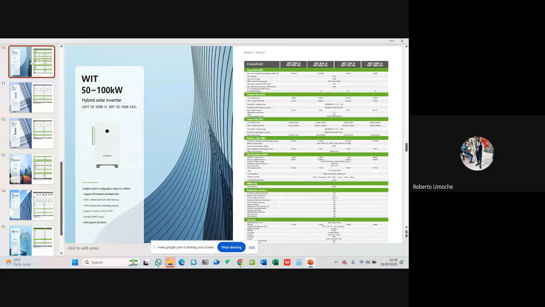So let's quickly take a look at this, then I round up. This is our commercial system. It's available in the higher capacity from 50 kilowatt to 100 kilowatt. There is a 63 kilowatt WIT inverter, a 75 kilowatt WIT inverter, and there is a 100.